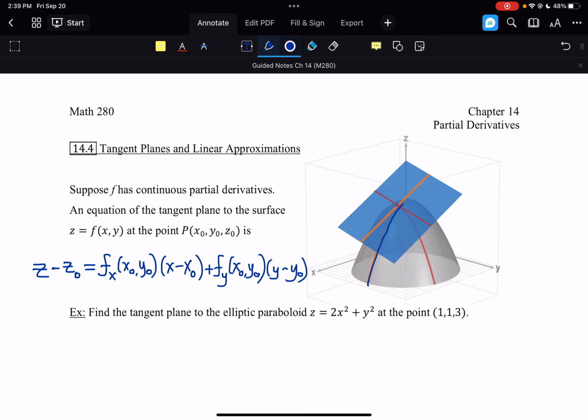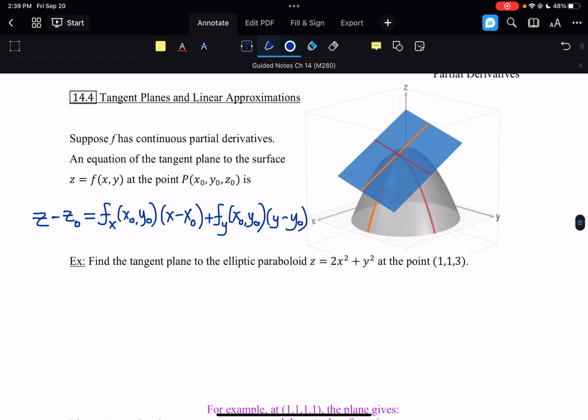So you've got one that goes here and kind of tucks in back that way, and then the other one goes right there. So we can find the equation of the tangent plane simply by knowing the point that it intersects and by knowing the partial derivatives of the surface. So let's take a look at an example.